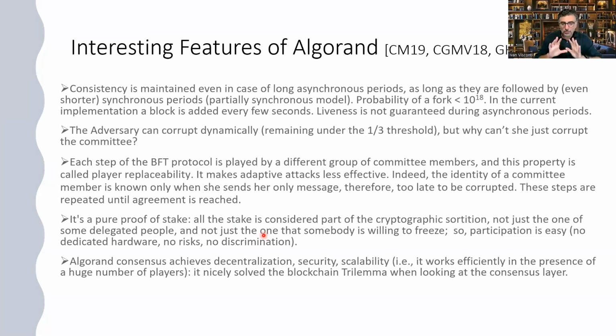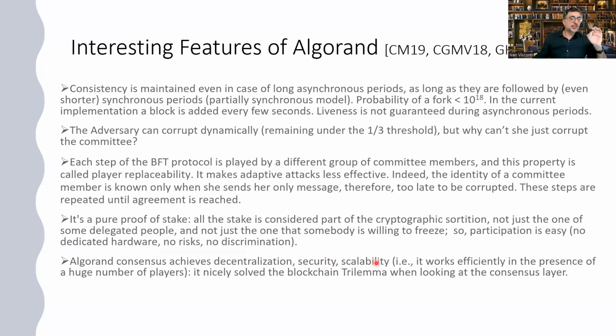All right. So we can say that Algorand consensus achieves decentralization because everyone can participate, right? Security because the probability of fork is extremely low, and there is a mathematical proof that the system achieves also consistency and liveness. Scalability. What does it mean here?